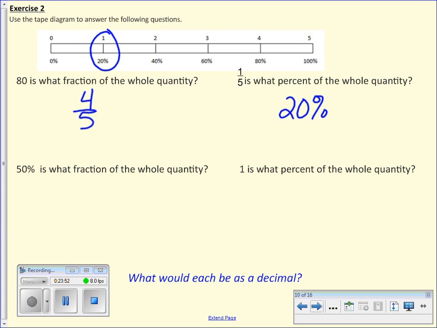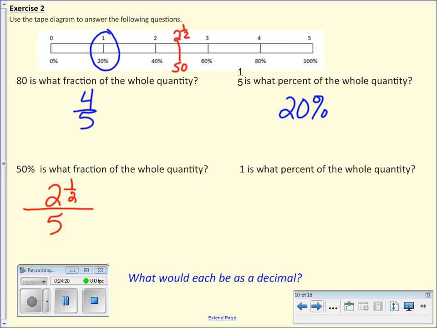So 50 is right between 2 and 3. So if I cut that in half, what's halfway between 2 and 3? 2.5. So it's 2.5 over 5. Really? Is that okay?